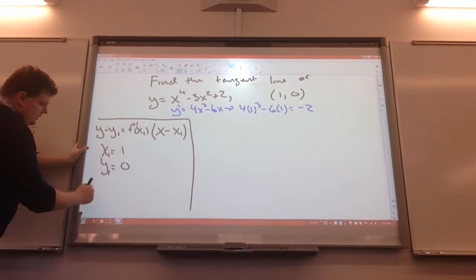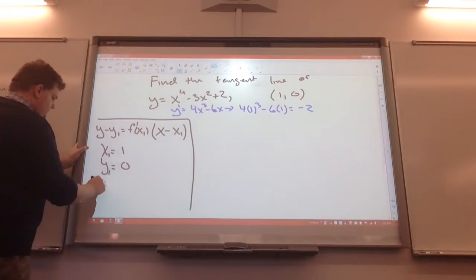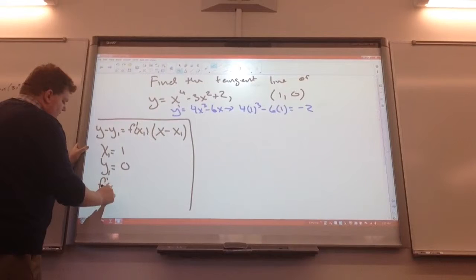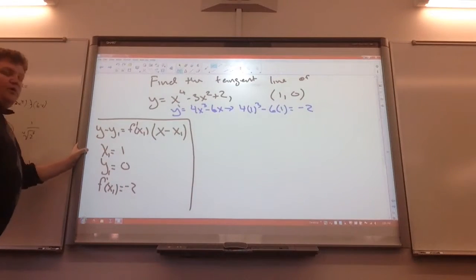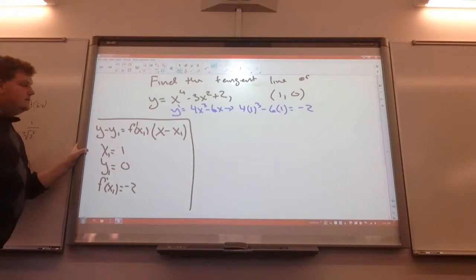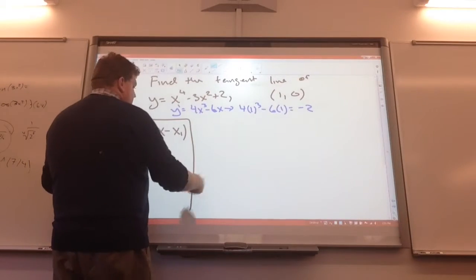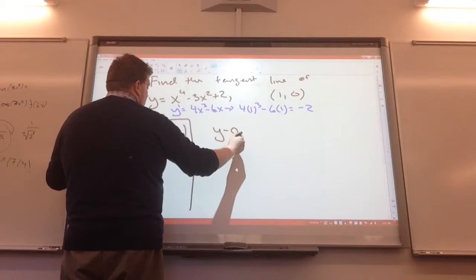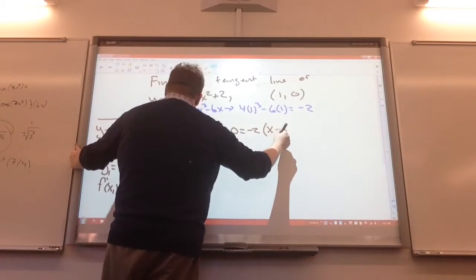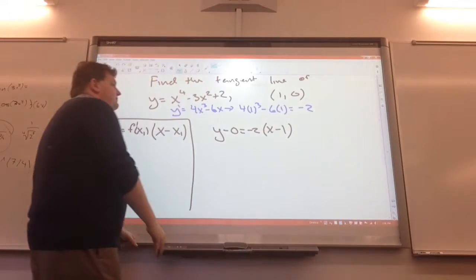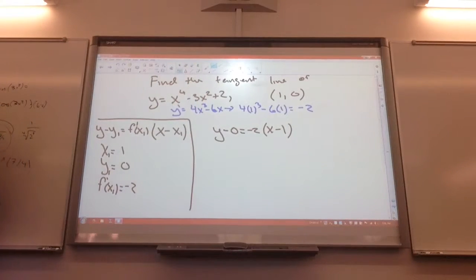So f prime of 1 here is minus 2. That gives me all the pieces I need. Now I just feed them in. So my tangent line equation is going to be y minus 0 equals negative 2 times x minus 1. And I'm done. That's it. I don't go any further.